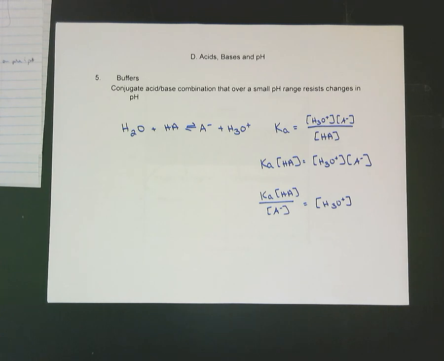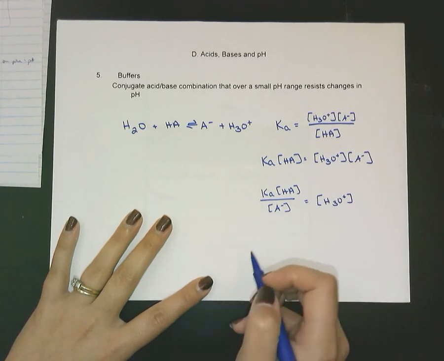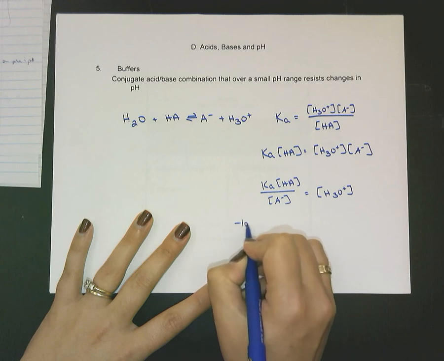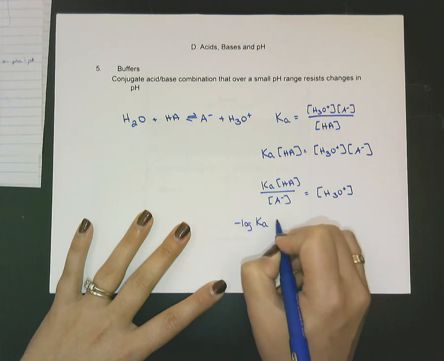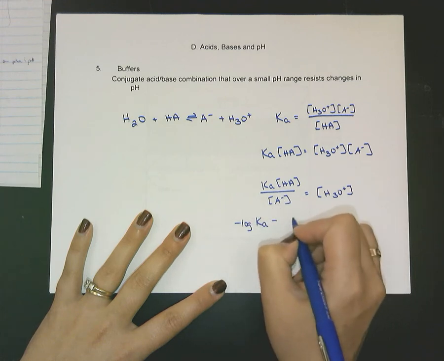Negative log. So we're going to take the negative log of both sides, which I'm going to go ahead and just skip ahead a step for the sake of time. Using our log rules, where if it's a division, it's really subtraction in log terms, which I'm sure everybody knows.